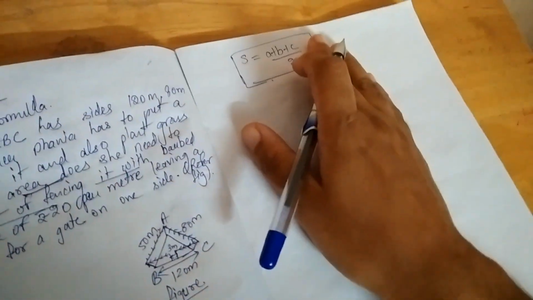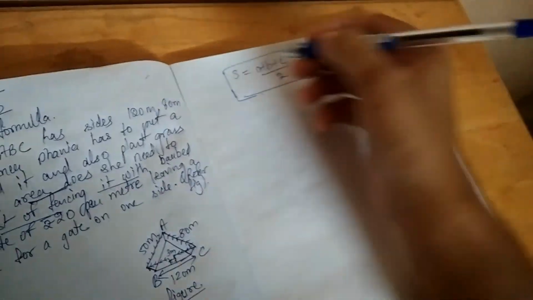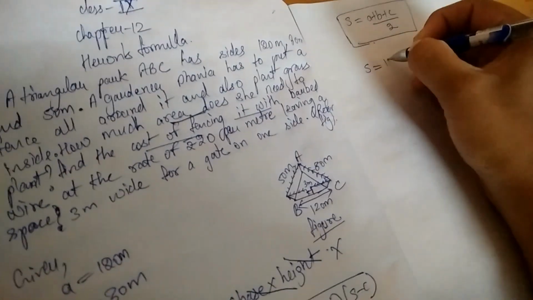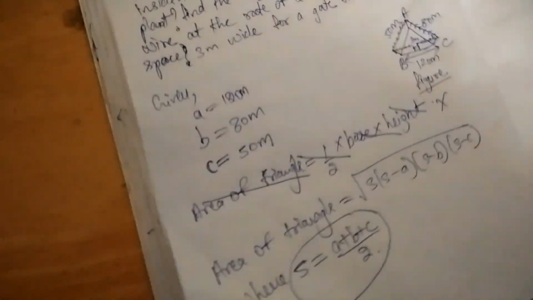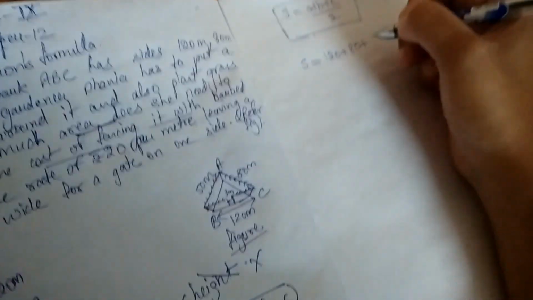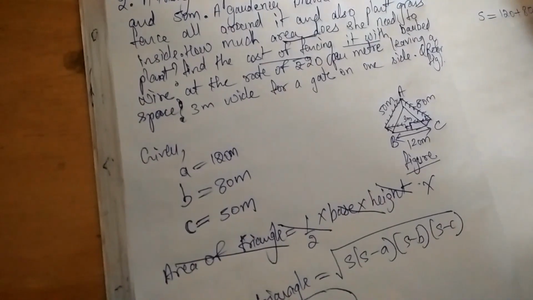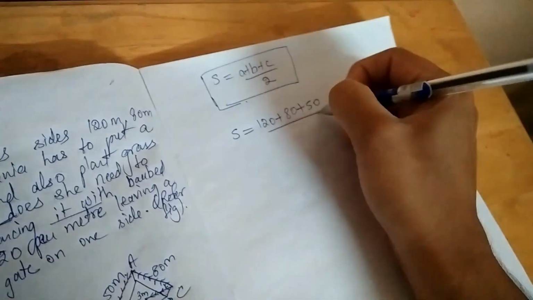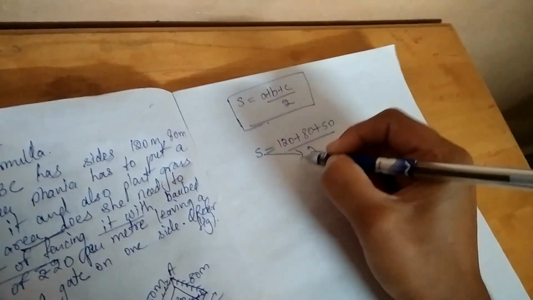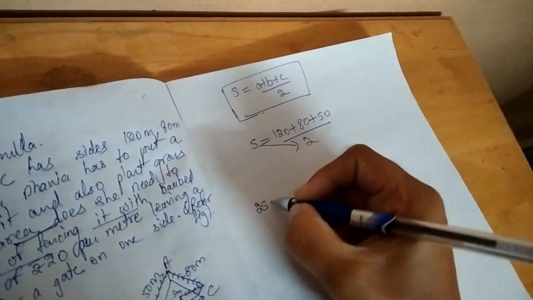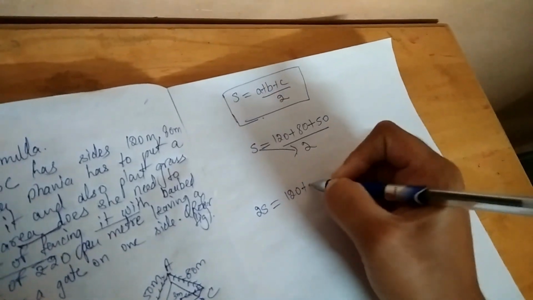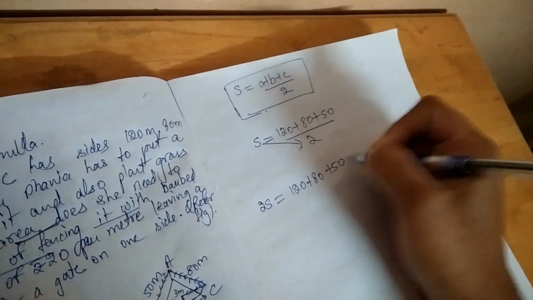So let us put these things in here and find out s. S is equal to, what is the value of a? It is 120. So we write 120 plus 80 plus 50. Then you cross multiply it, so you get 2s equals 120 plus 80 plus 50.